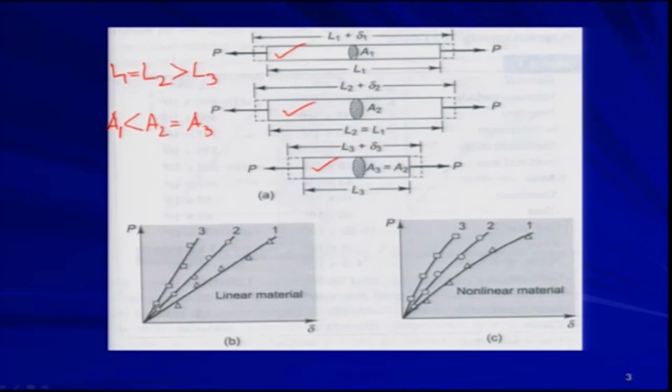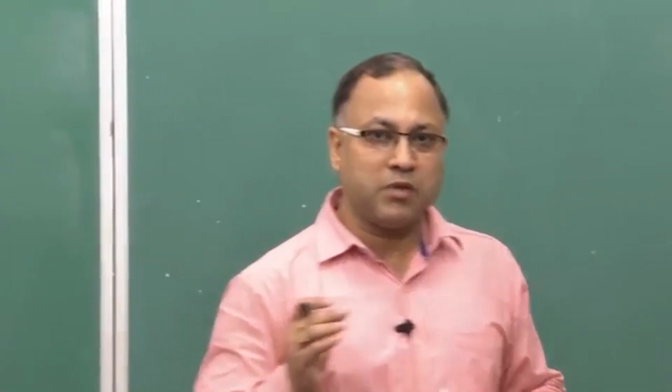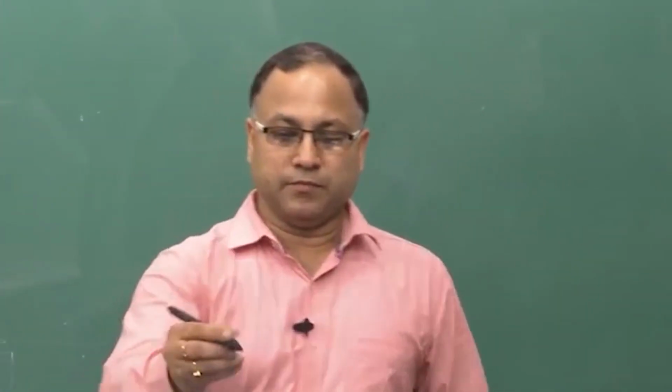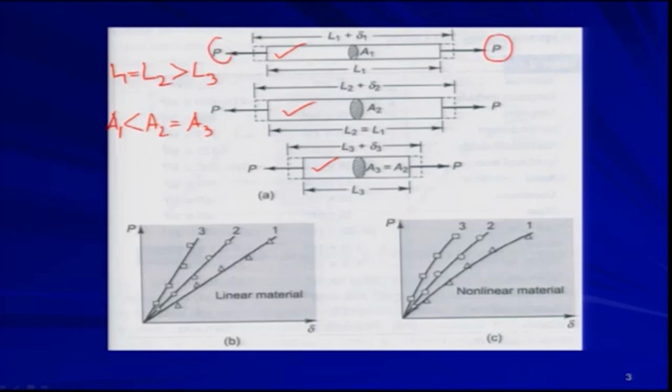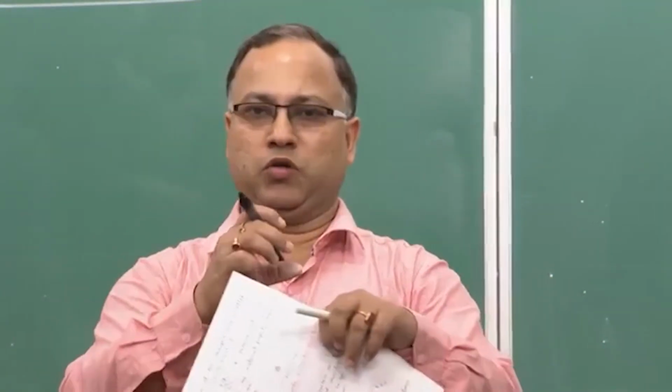So, these three members of the uniaxial system we are considering are under a uniaxial tensile force P. You see the nature of the force P is tensile. The uniaxial member could be a steel rod or copper rod.